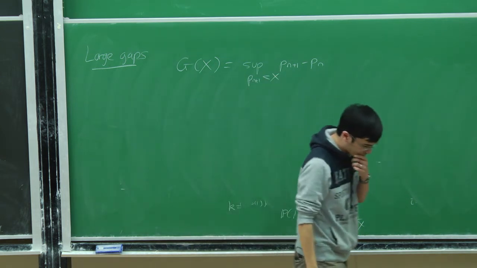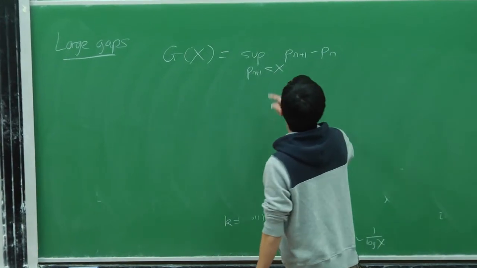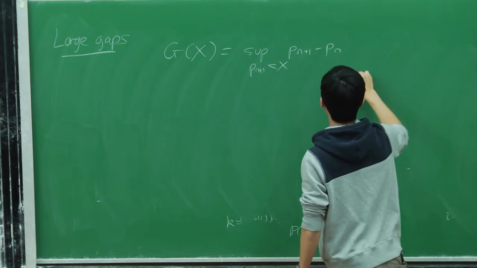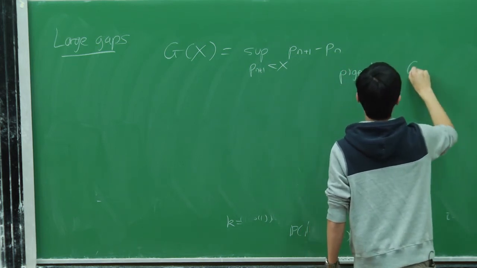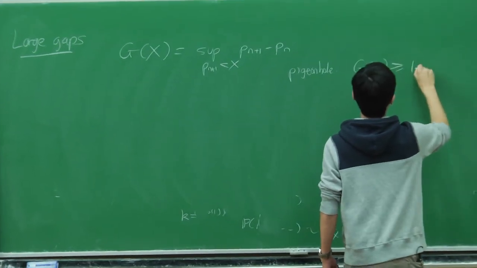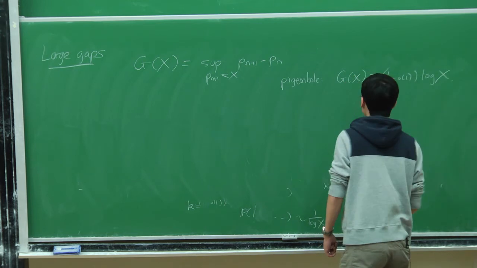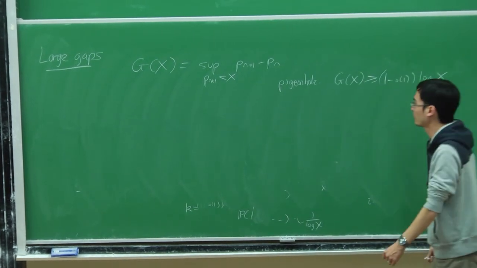And we want to know what we can say about this. So we have this pigeonhole argument from the prime number theorem, which tells you that there must be a gap which is at least log x.